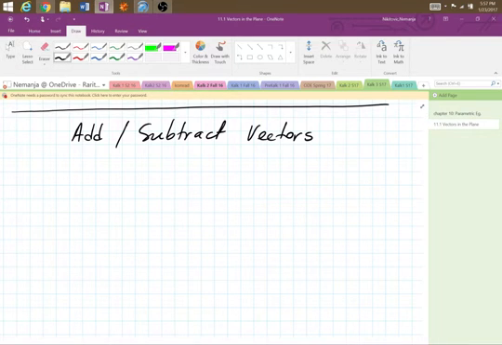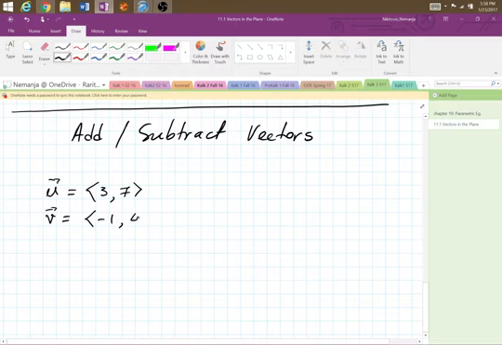So let's have vector U, let's say 3, 7, and vector V, negative 1, 4, whatever. So as I mentioned before, addition of these two vectors, U plus V, is going to add 3 plus negative 1, comma 7 plus 4, which will give us 2, 11.